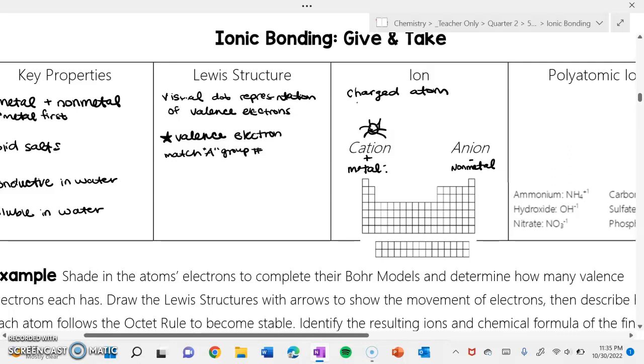Remember that the charge comes from atoms gaining and losing electrons. Cations lose them or give them away. Anions take them and they become more negative.